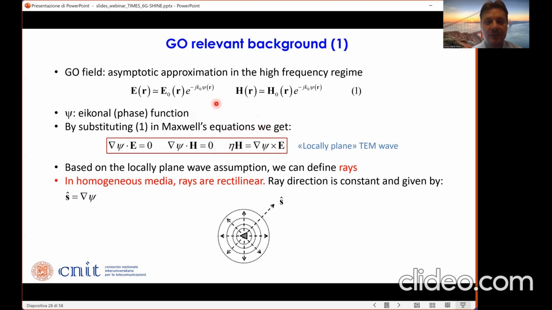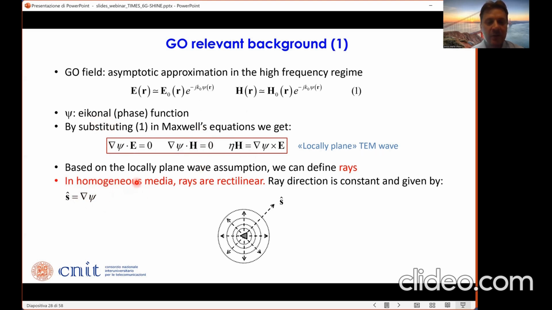In fact, if we substitute these two equations into the Maxwell equations, we get these expressions. And the meaning is that we have E and H fields, which are on the orthogonal plane with respect to the ray direction. And the ray direction is given by the gradient of the eikonal or phase function.